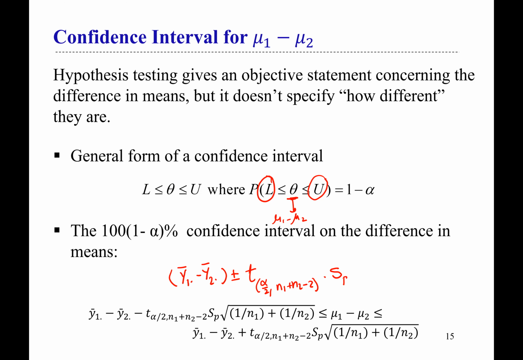We call it the pooled standard deviation, times the square root of 1 divided by n1 plus 1 divided by n2.